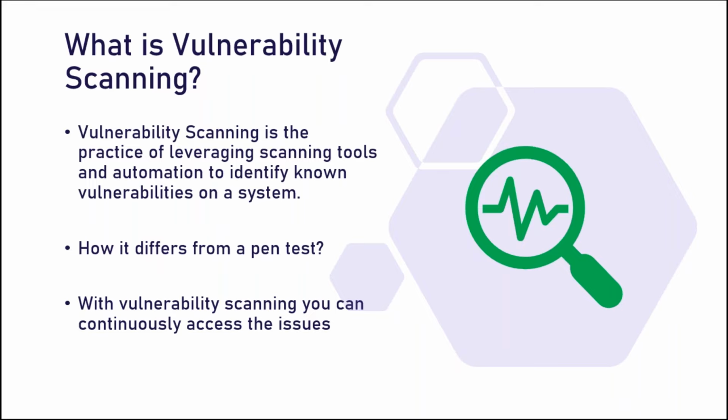So how it differs from a pen test, there are good reasons. Both are equally important. Whereas vulnerability scanning will detect the known signatures, the known principles of a vulnerability, a pen test is a lot more manual. It combines the start of the cyber kill chain all the way to the end.